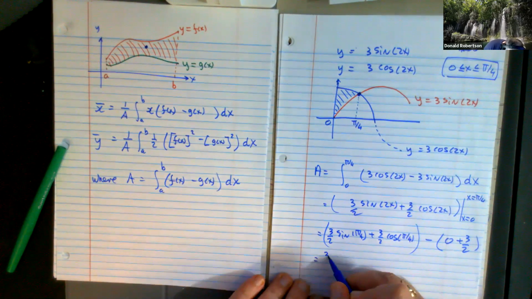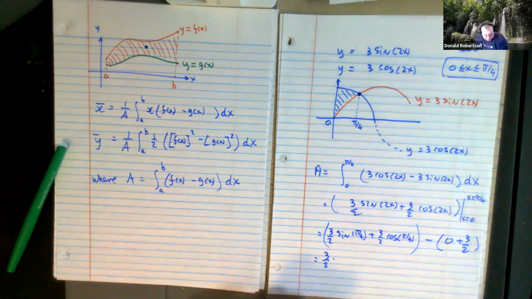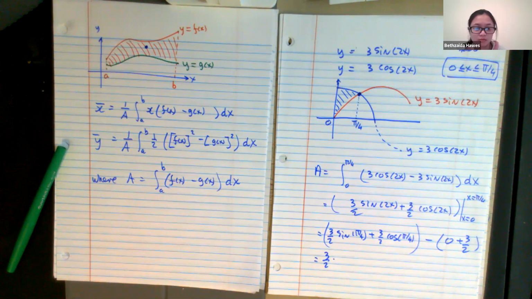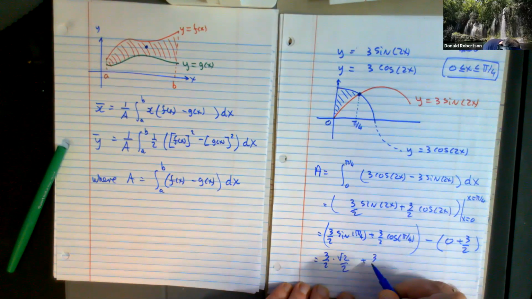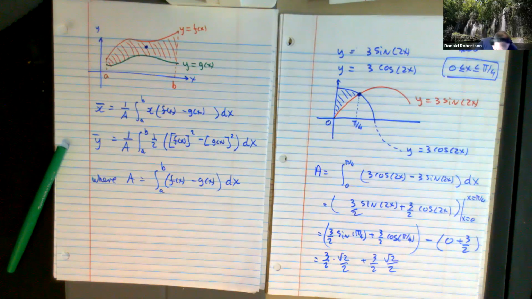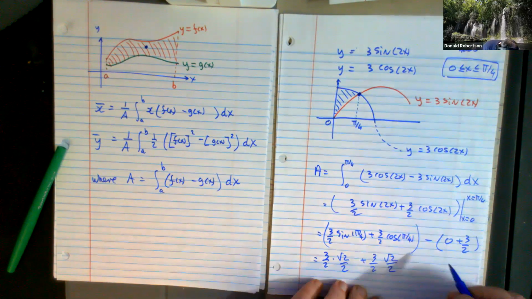Does anybody know, because you need to know for these questions, the exact value of the sine of pi upon 4? Root 2 over 2. And by a nice coincidence, isn't it also the same answer for the cosine? That's typically not true, but it is in this question. Take away nothing, take away 3 upon 2.